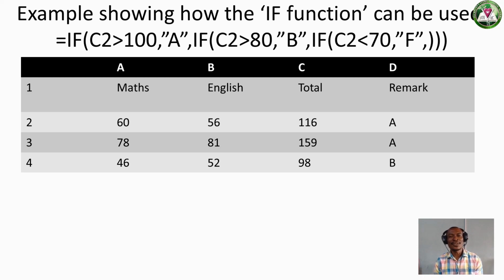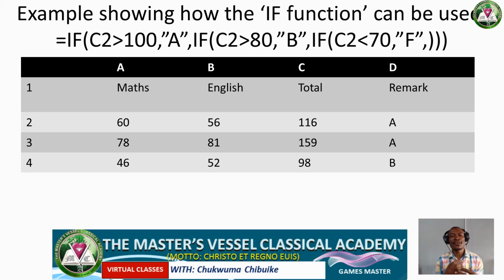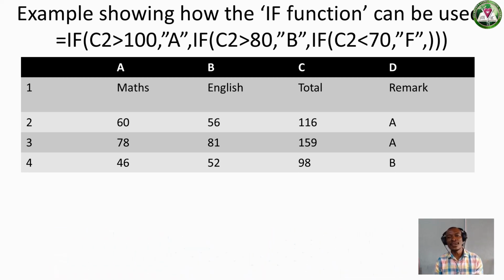Because if you fail to put comma, it will not work. If you fail to put quotation mark, it will not work. Now you're saying again, if C2 is greater than 80, that means the person will score B. You say again, if C2 is less than 70, the grade will be F. We said greater than.